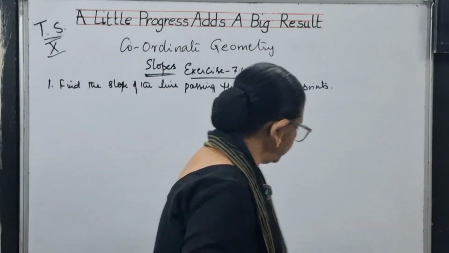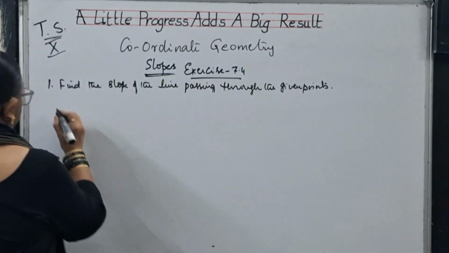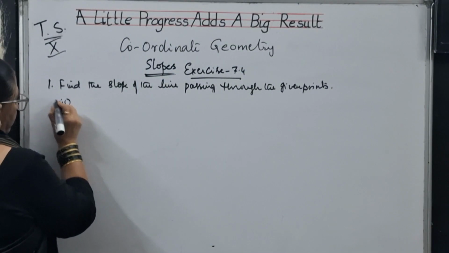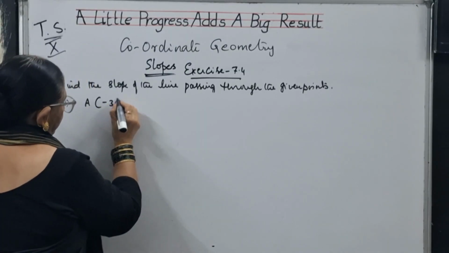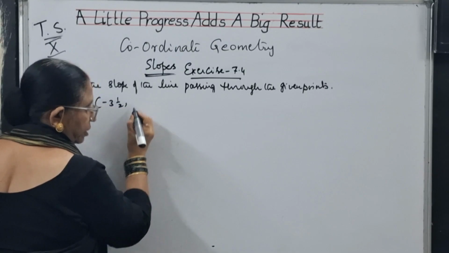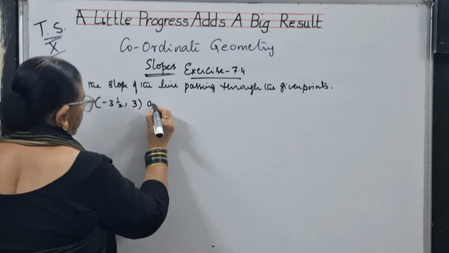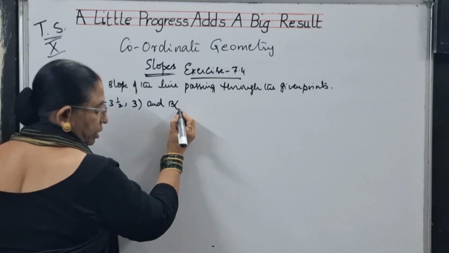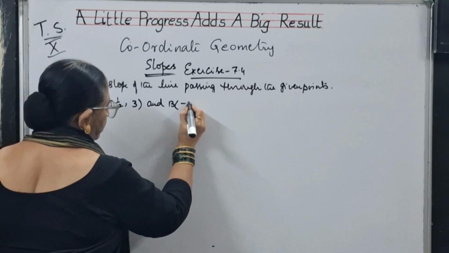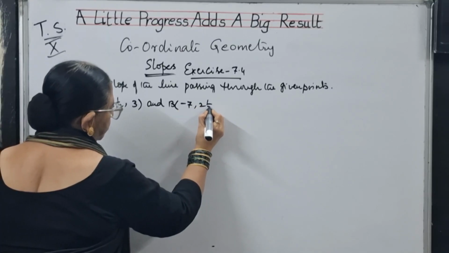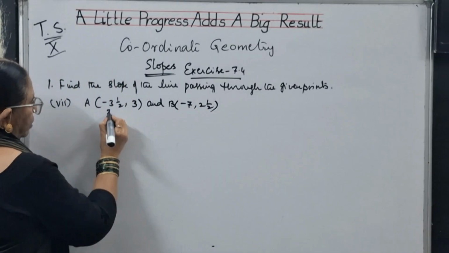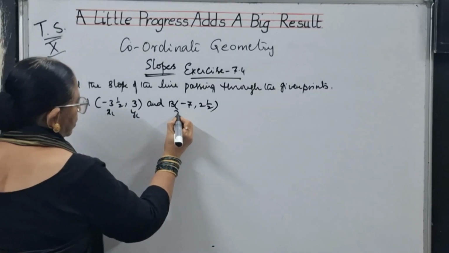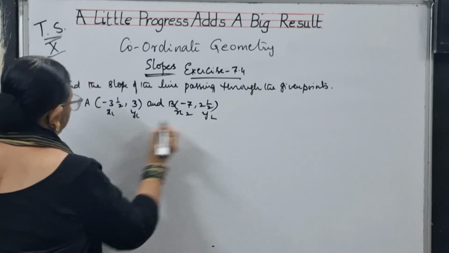Now seventh bit, A minus 3 1 by 2 comma 3 and B minus 7 comma 2 1 by 2. Okay, so x1 y1 x2 y2.